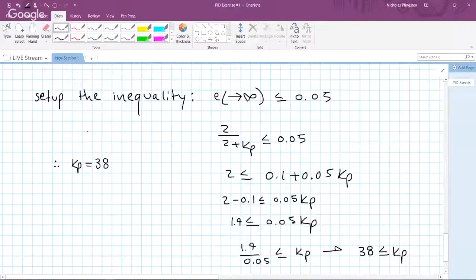Now, the professor talks about units and tracking your units, which I haven't done at all. But if you did and went back and tracked all your units, this would be Newton meters per radian per second.